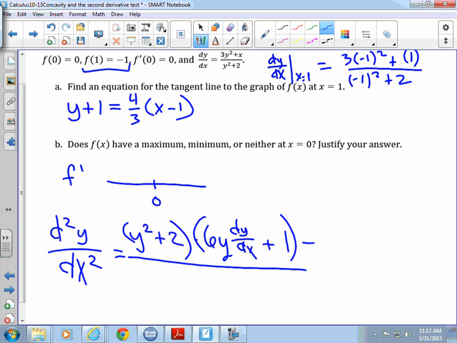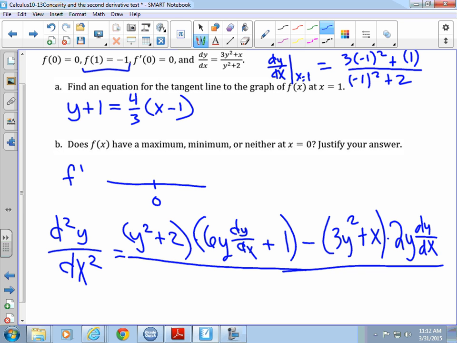Low d high minus high d low over low squared, which is y squared plus 2 squared.